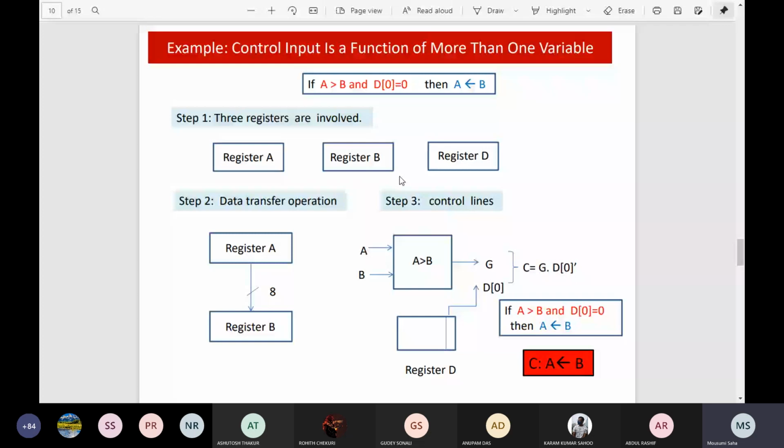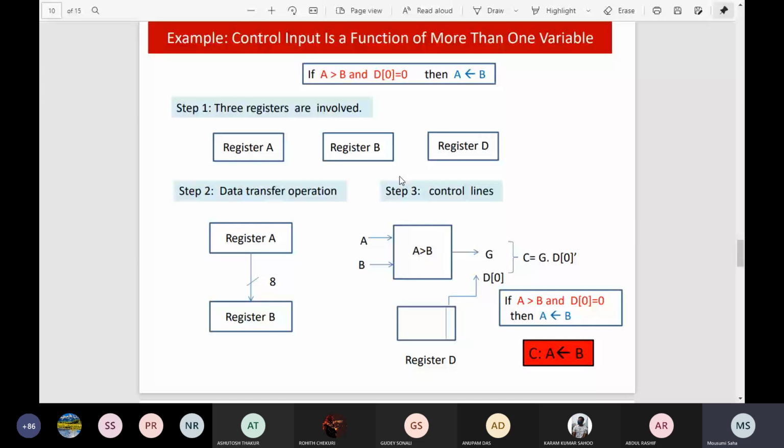And what is the data transfer? The data transfer operation is done only between the B and A registers, so it will go from B to A. Here I have made a mistake. The first register should be B and the second register should be A. Clear? I hope you understand this.